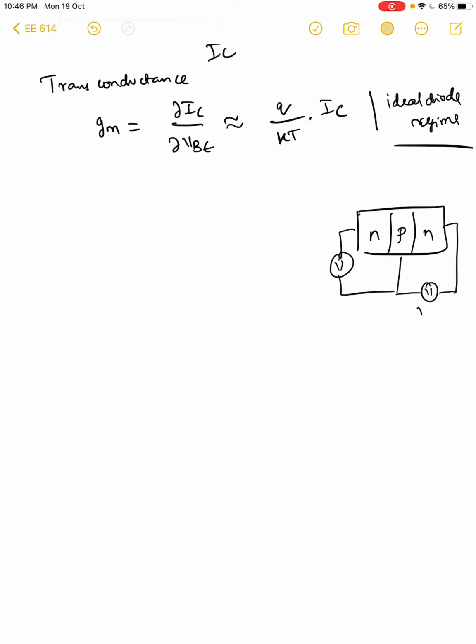So now let us see what happens. There are a few conditions. Let's take the first situation where VBE is positive and variable, and VBC is negative.